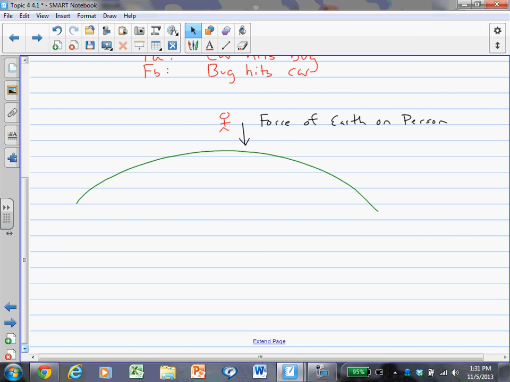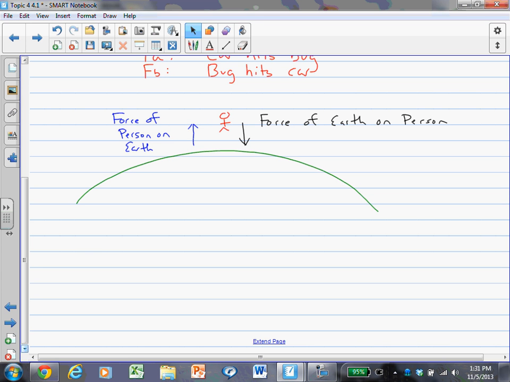There's also a force of person on Earth. We know what the acceleration of the person is going to feel. We've been calculating it. The acceleration is minus 10 meters per second for every second.